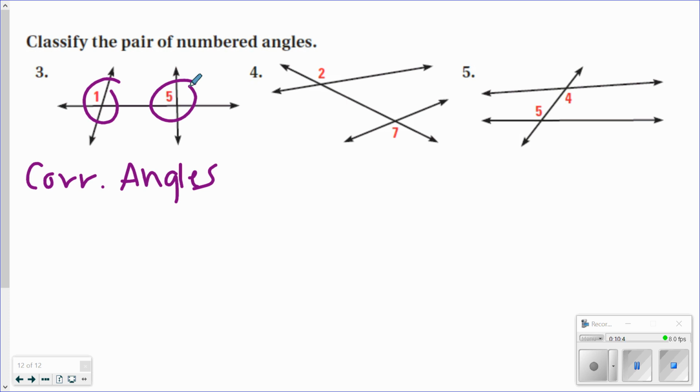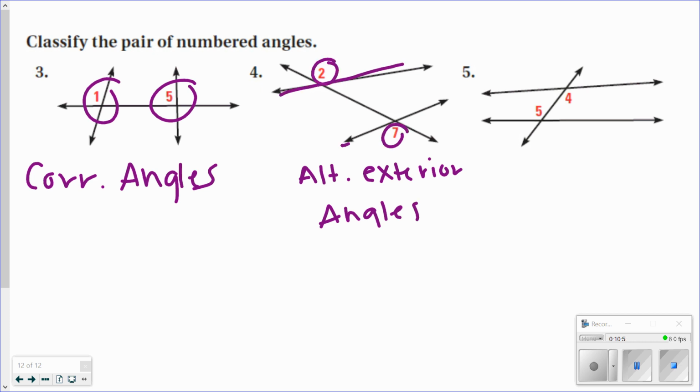How about 2 and 7 here? This would be alternate exterior angles. They are outside of the 2 lines here, and they are on the opposite sides, alternate exterior angles.